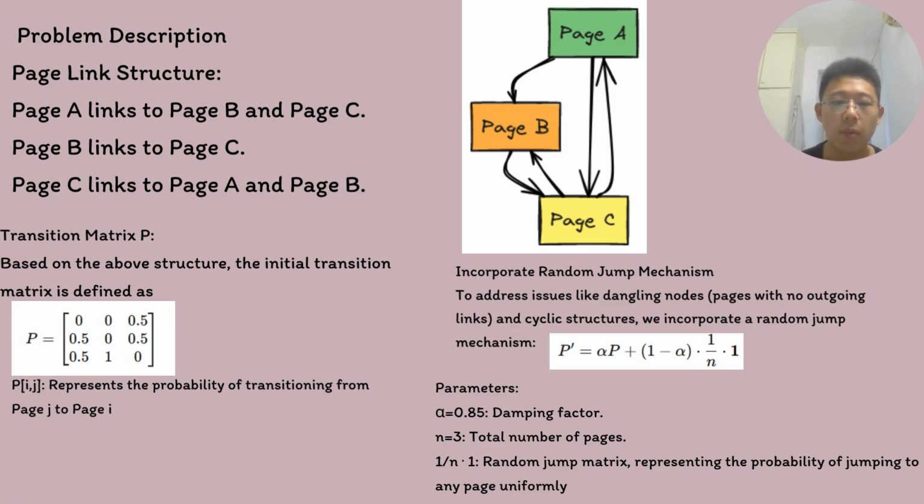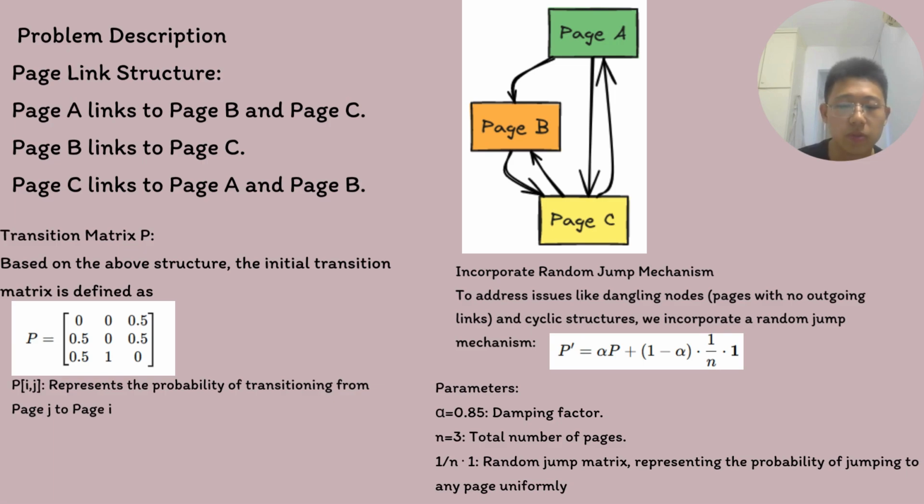We need to incorporate a random jump mechanism to address issues like dangling nodes and cycling structures. There are a few parameters we need to know.